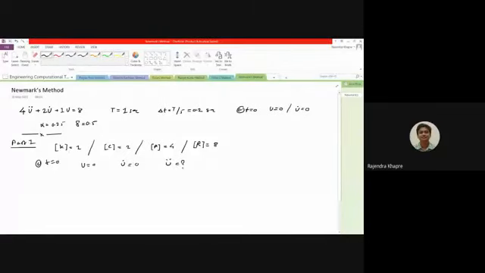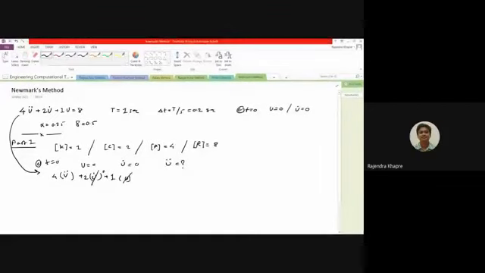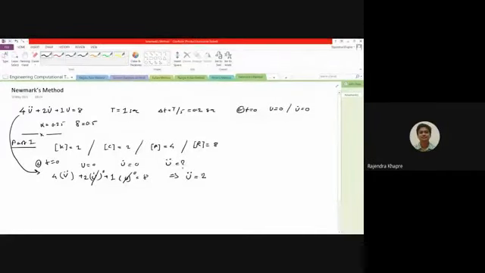For this purpose we take the equation available with us: 4 times u double dot, which is unknown, plus 2 times u dot, which is 0, plus 1 times u, which is also 0, equals 8. If you solve this, you get u double dot as 2. So your initial calculations are now done.